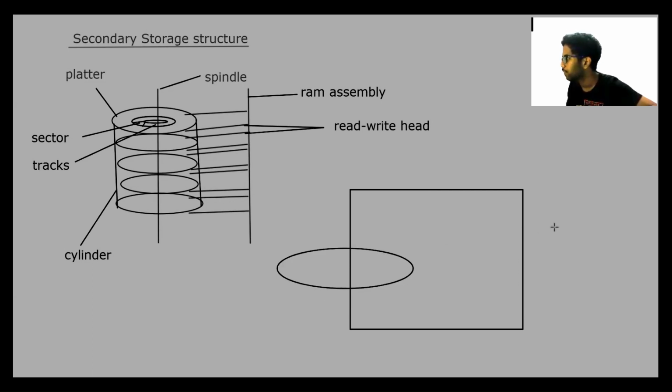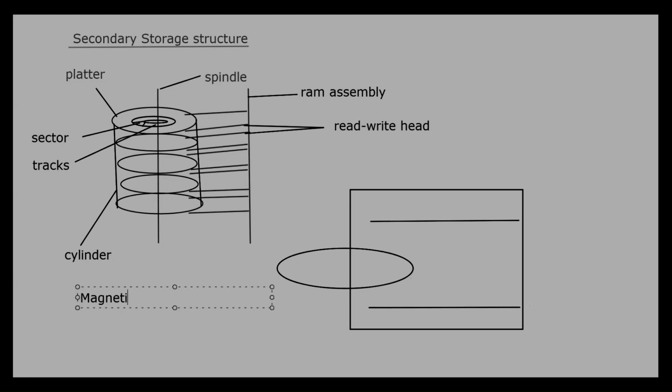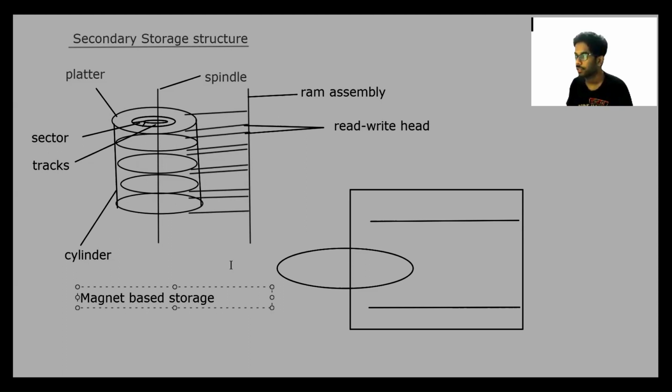So this is how it looks. There is an air gap, and this is magnet-based storage, which uses electromagnets to store data. If it touches, then the disk would be scratched and would be ineffective to use.